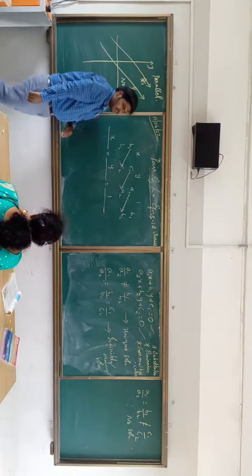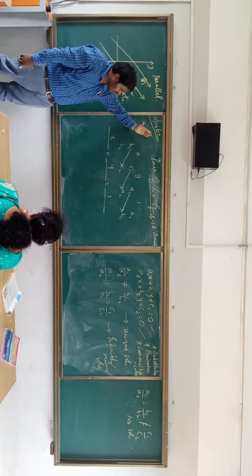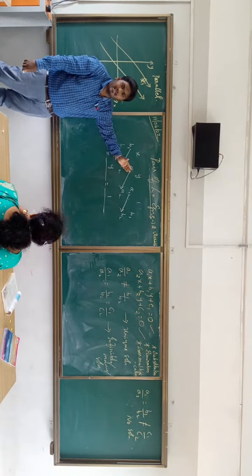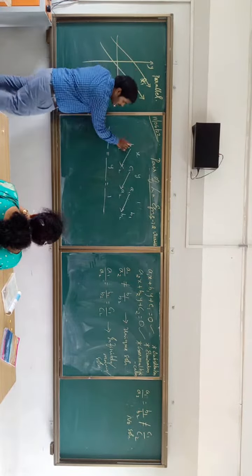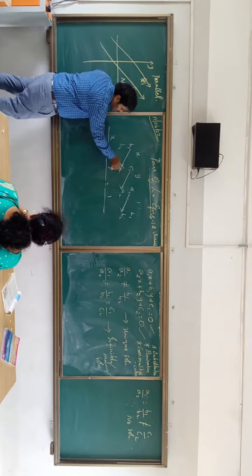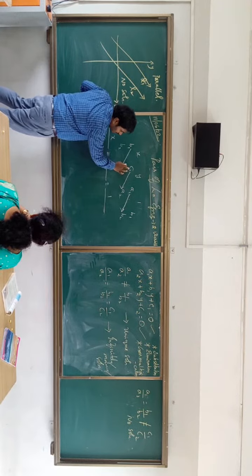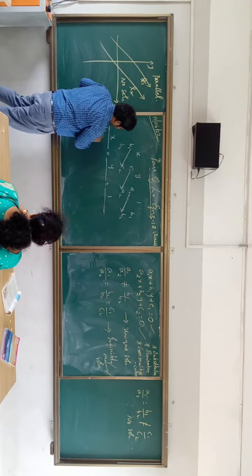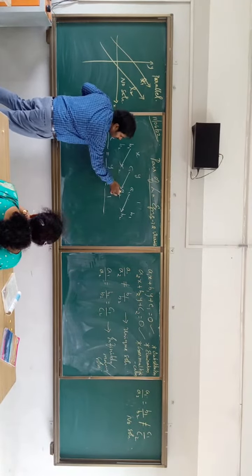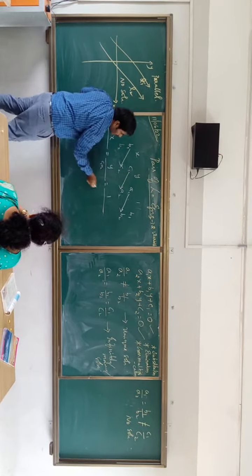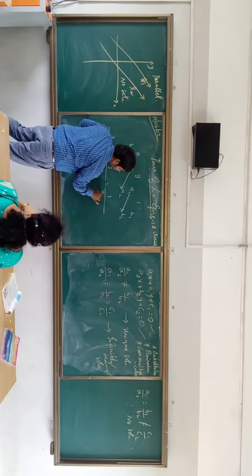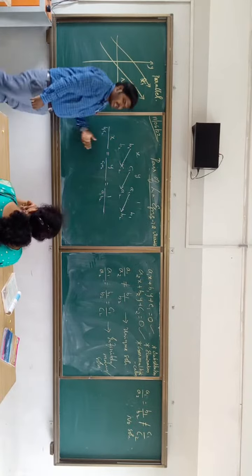Is that clear? So b1 c2, then c1 a2, then a1 b2.